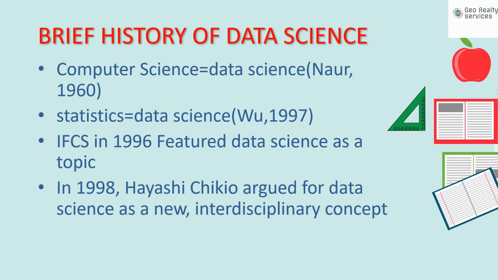In 1997, C.F. Jeff Wu again suggested that statistics should be renamed data science. He reasoned that a new name would help statistics shed inaccurate stereotypes, such as being synonymous with accounting or limited to describing data.